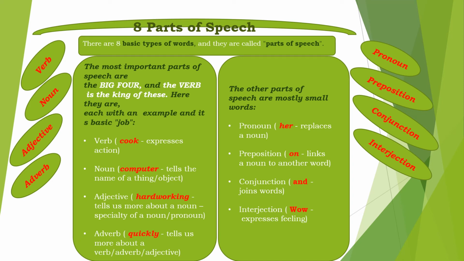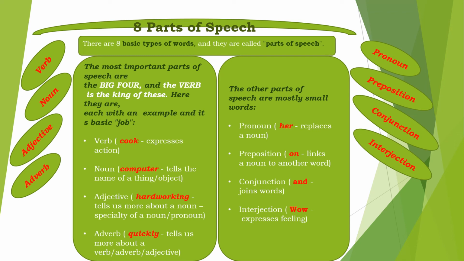For example, the book is on the table. So in on the table, on is a preposition. It tells us about the direction, place, time. Another example I can give you, I will see you after dinner. After is a preposition and dinner is a noun. So it comes before a noun.